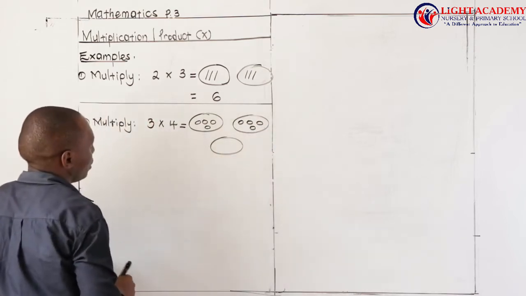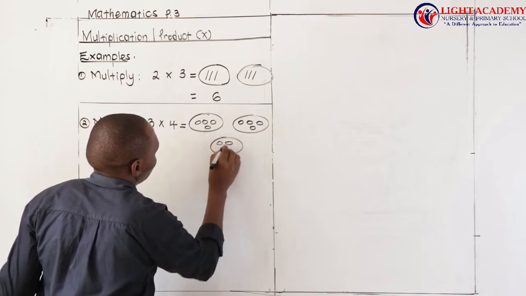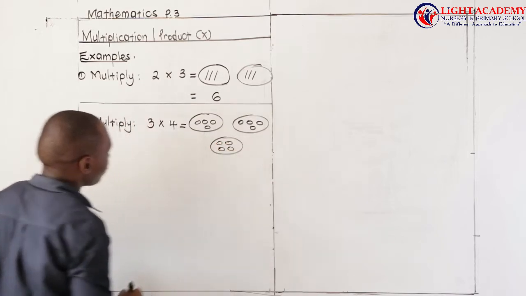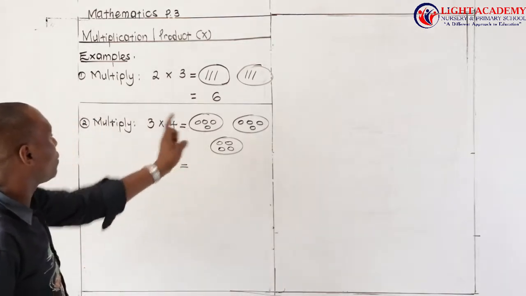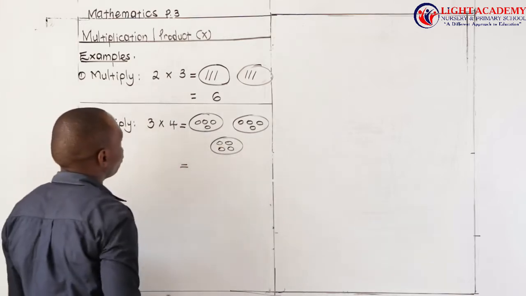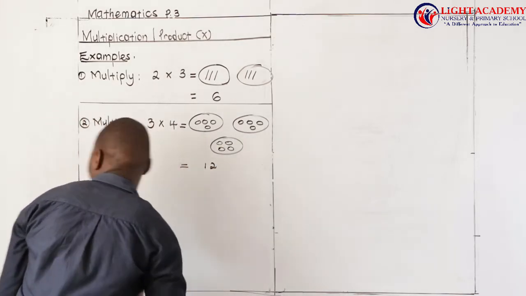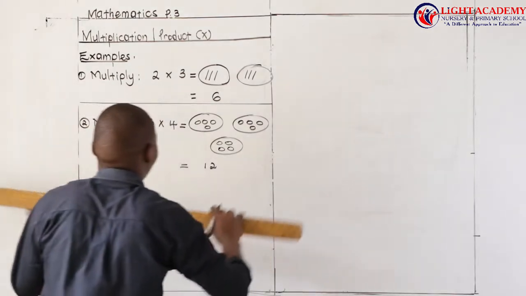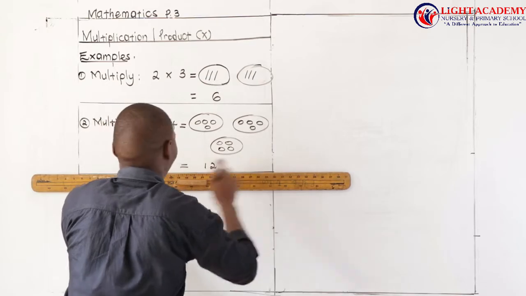Then in the third group I'm also counting 4 items: 1, 2, 3, 4. So to get the answer, I must count all of the items in those 3 groups. And what I'm getting in total is 12, okay? This is what was probably done in Primary 2, okay?